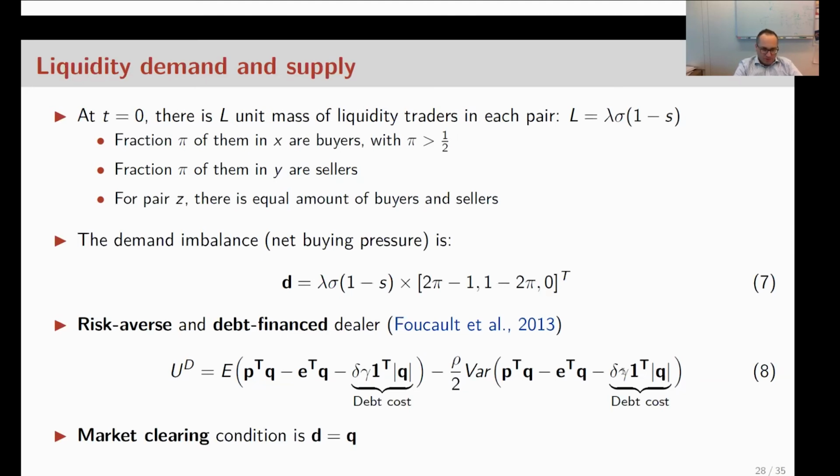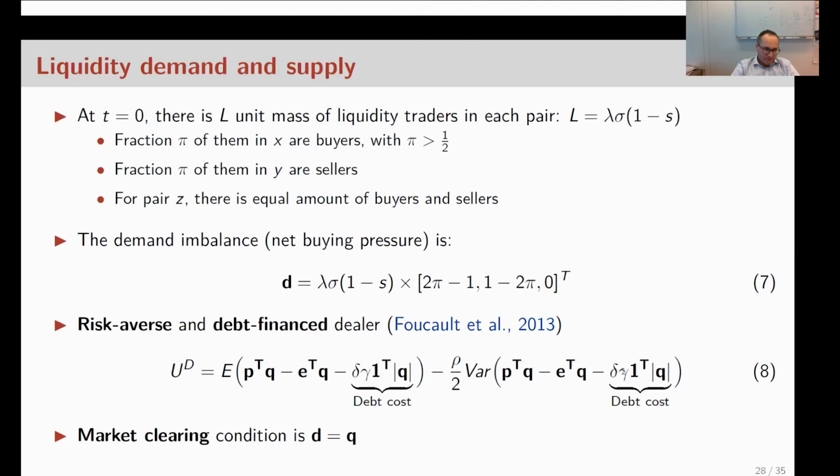You see here below in equation 8 the utility function of the dealer. I should say that the dealer maximizes the expected profits from its own position. So the positions of the dealer are given by Q, and they consist essentially of taking advantage of the price dislocations and also extracting the bid-ask spreads, while at the same time these positions come at a cost because the dealer needs to finance itself with debt, as I mentioned before.